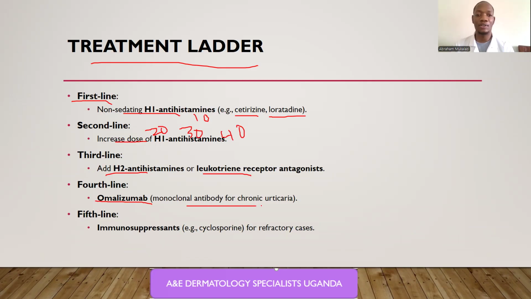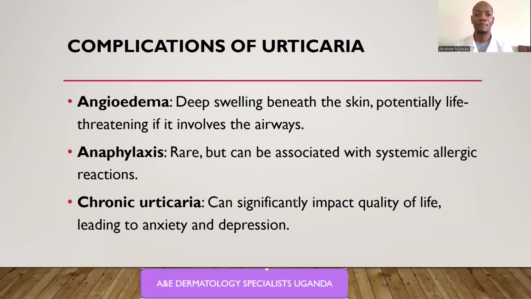We usually use it for chronic urticaria if someone has no improvement. If there's still no improvement, we can step up to the fifth line, where you can use immune suppressants, including cyclosporine, but this one is usually reserved for refractory cases, people who are not improving.